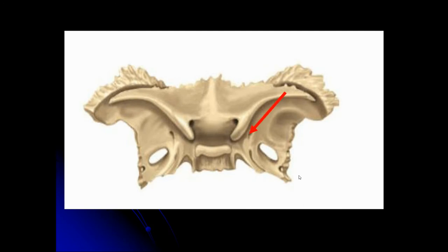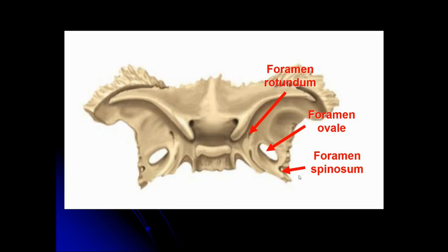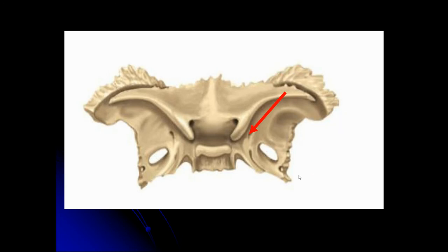If you look at the greater wing, what you're going to see are 3 holes, and they are sort of in a row. There's a round hole, an oval hole, and a little tiny hole. The round hole is just called the round hole. In Latin, that's foramen rotundum. The oval hole is just called the oval hole.